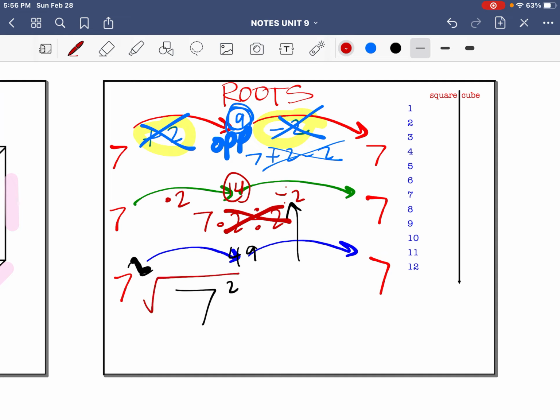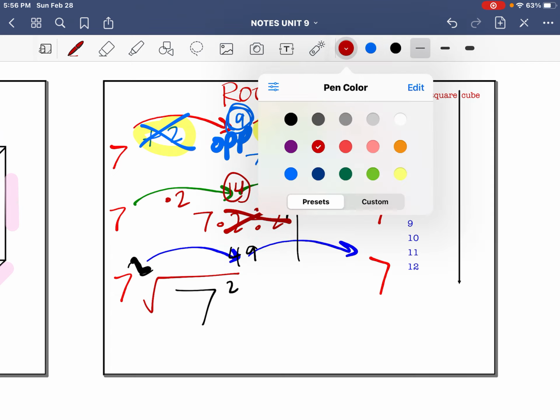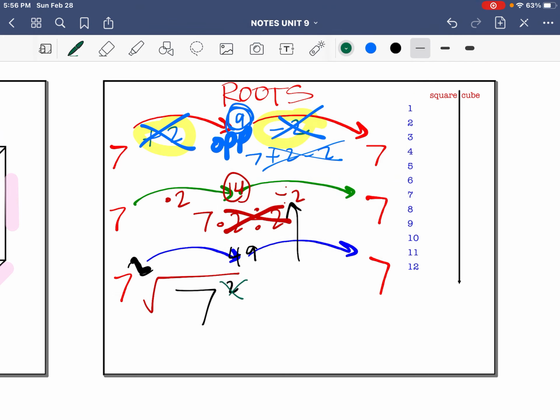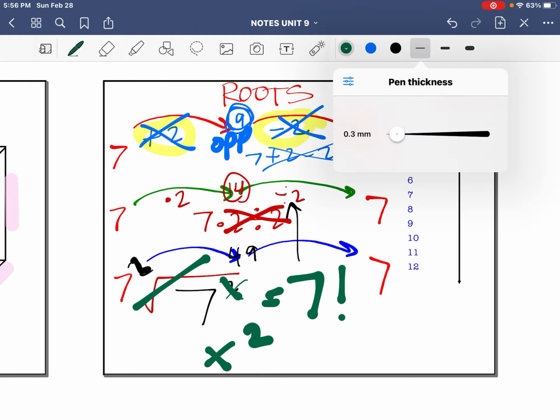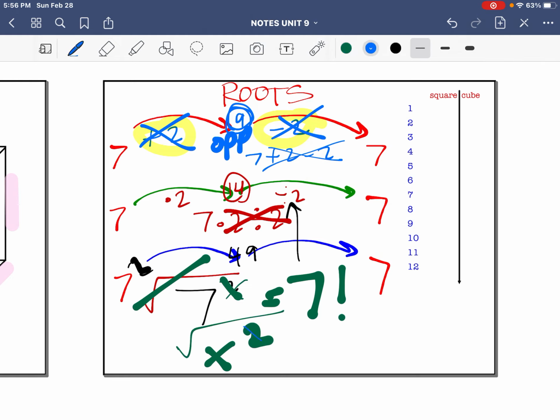The same way that in an equation 7 plus 2 minus 2 cancel out, the squared and the square root can cancel out and leave us with the number 7. That works with anything. If we have x squared and then a square root, those two things will cancel each other out and just leave us with x. So that's how squares and square roots are related.